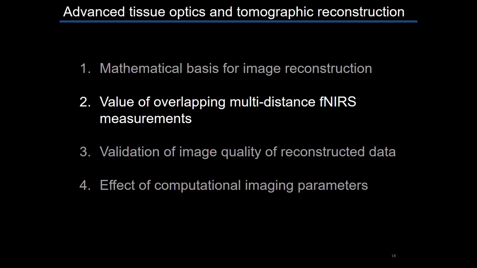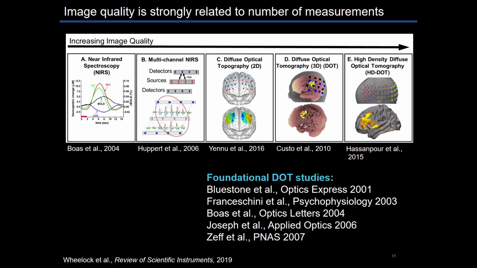The value of overlapping multi-distance NIRS measurements, as Emma had walked through, is that basically you can measure variance in the brain with the source detector pair. But if you're trying to map and create an image, then you want to use multiple measurement pairs.